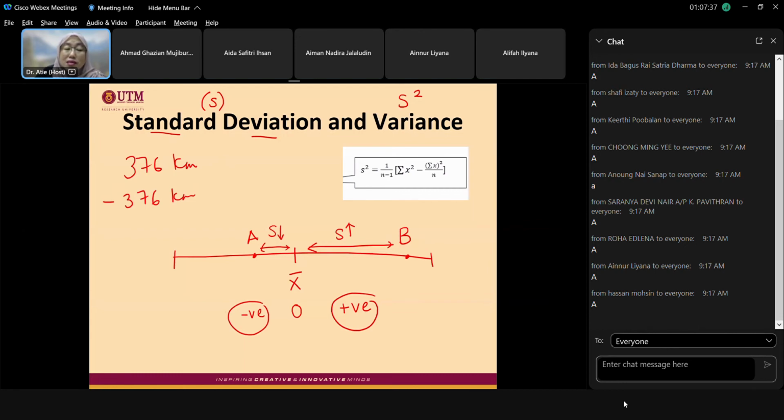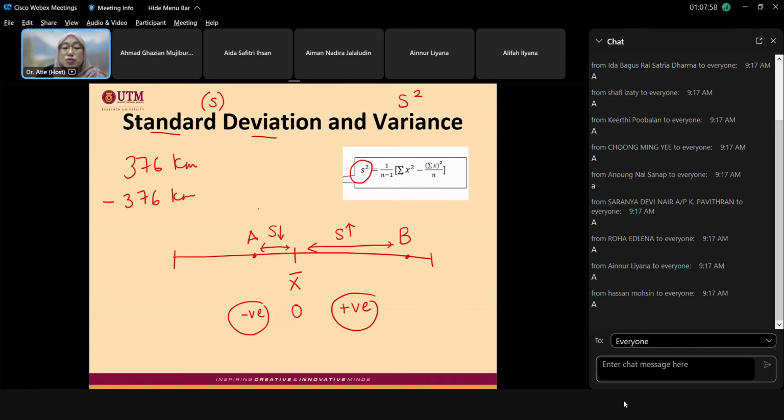So in our calculation, how can we calculate the variance? We need to have the answer as a positive number, right? Because it represents distance.